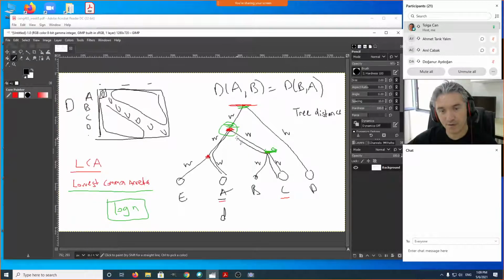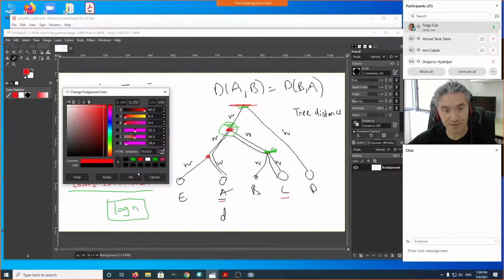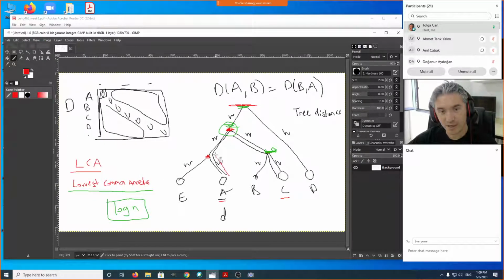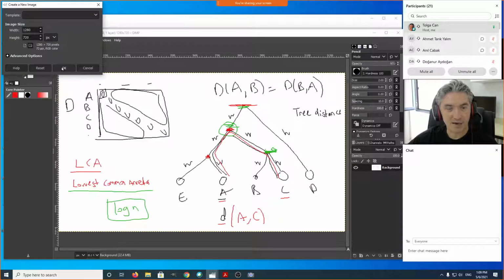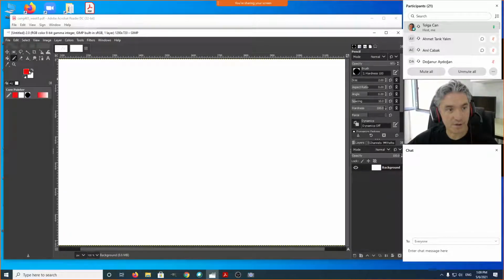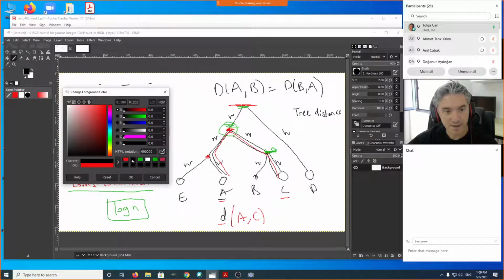So if you find the path to the lowest common ancestor for both of these nodes, you can combine these two parts to get a unique simple path from A to C. And the summation of the edge weights on this unique path is what we call the tree distance between A and C. Okay, now let's get back to the computational problem that I'm describing right now.